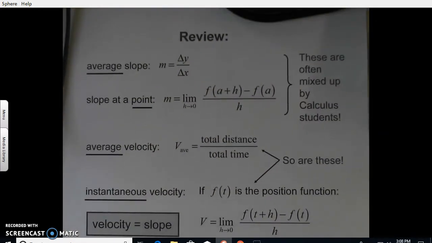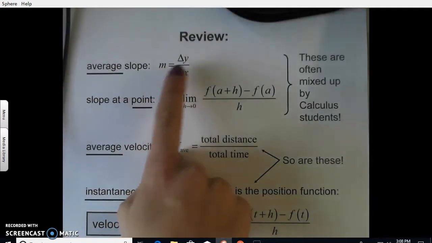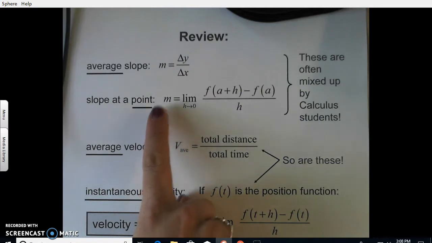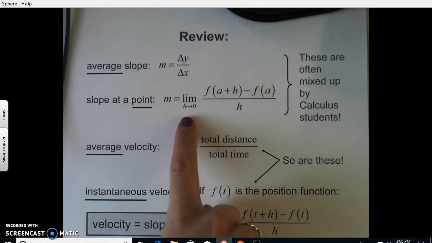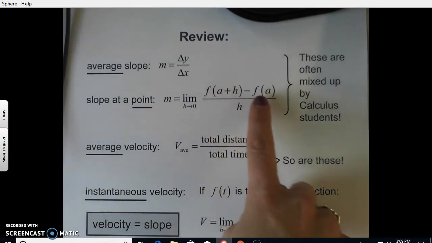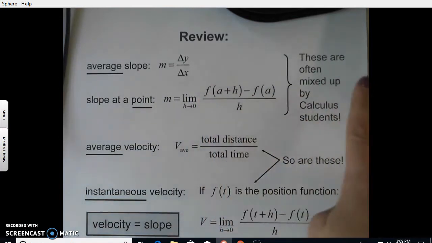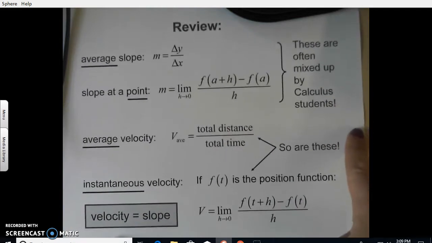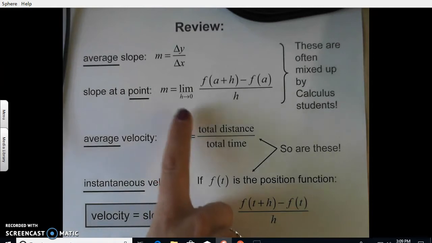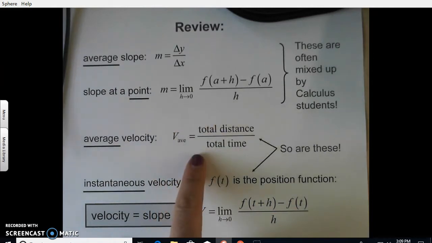And just a review, average slope is equal to change in y over change in x. And slope at a point is equal to the limit as h approaches 0 of f of a plus h minus f of a over h. And then the average velocity is equal to the total distance divided by the total time.